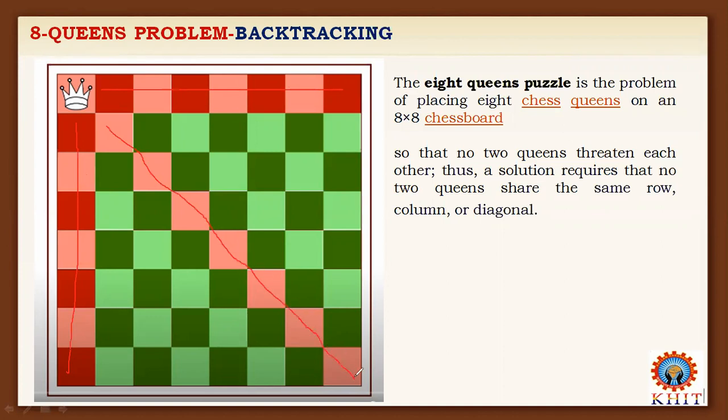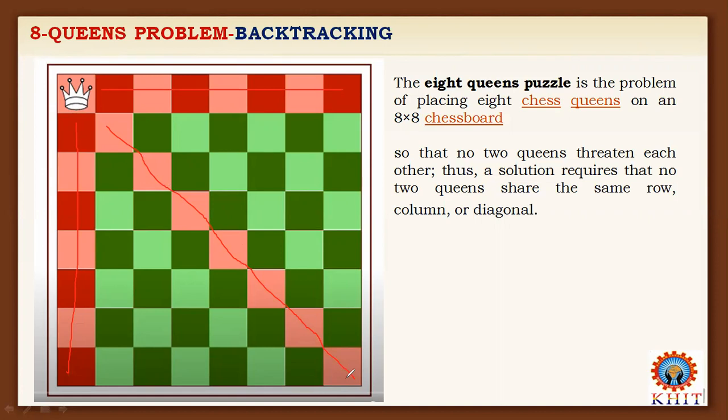So that means if I place the first queen here, the second queen cannot be placed in the same row, the same column, or diagonally. Here some of the squares are highlighted in red and some in green.